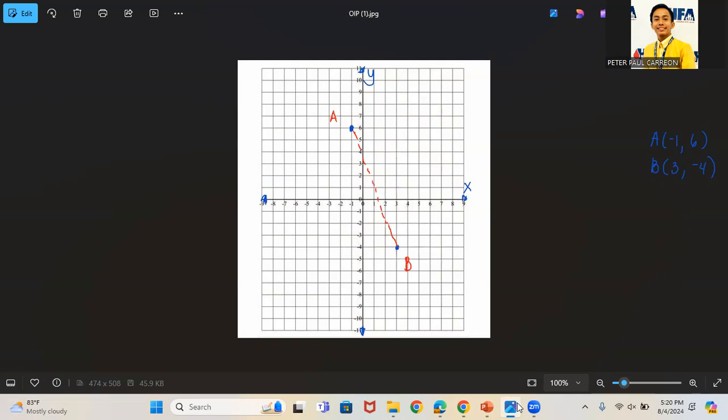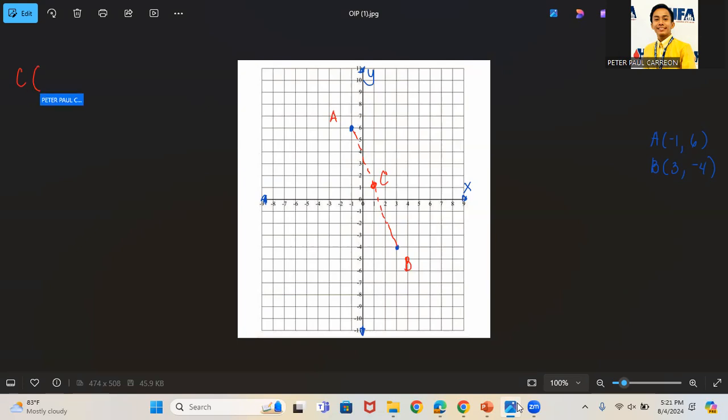The problem here is we need to find the center first at HK. Okay, so we need to find a special point. And we know that the midpoint of the diameter of the circle, line segment AB, is the center of the circle. So I think we need to use a formula to get the center, right?